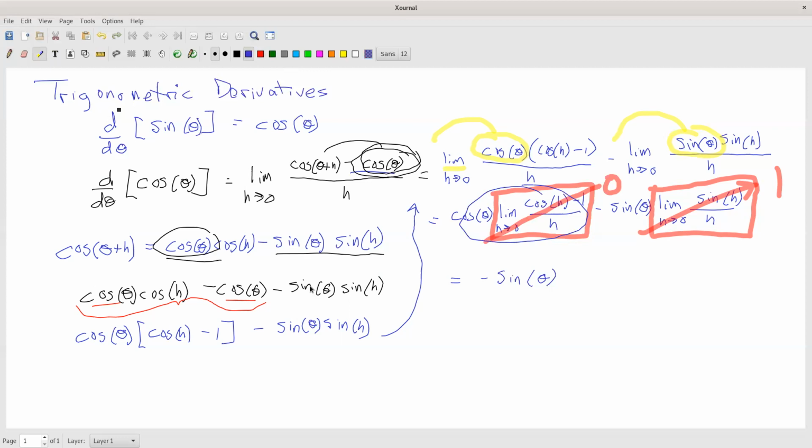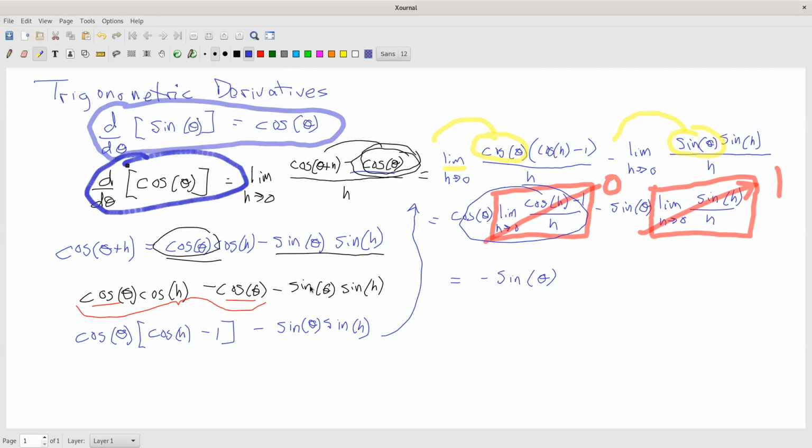We now have the derivative of the sine is the cosine, and the derivative of the cosine is the negative sine. And now we have power over derivatives of trig functions.